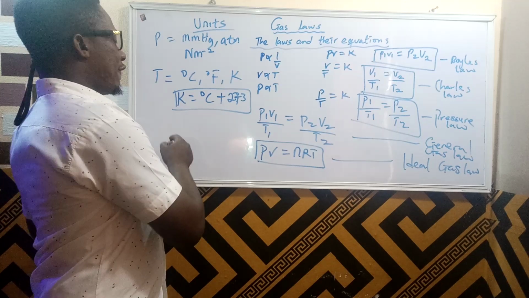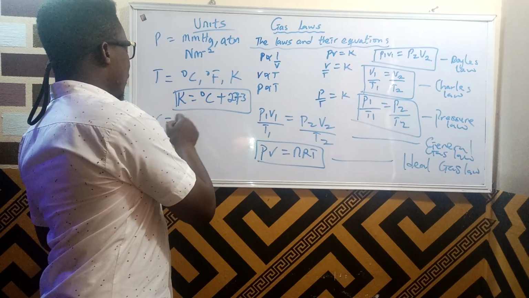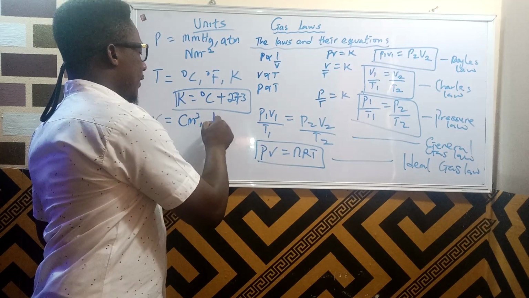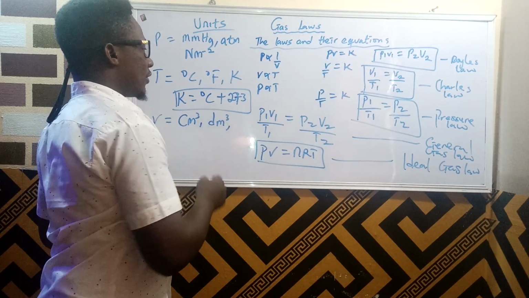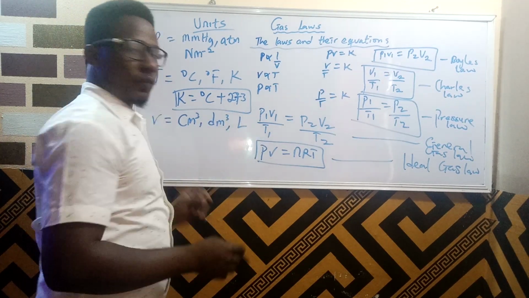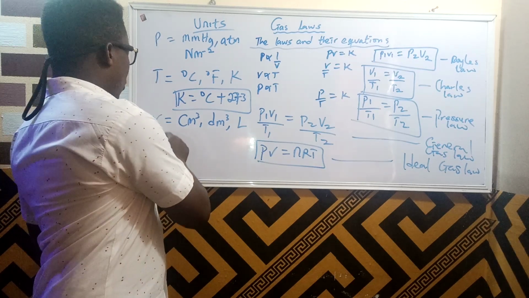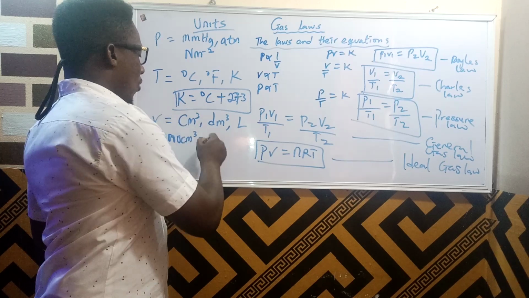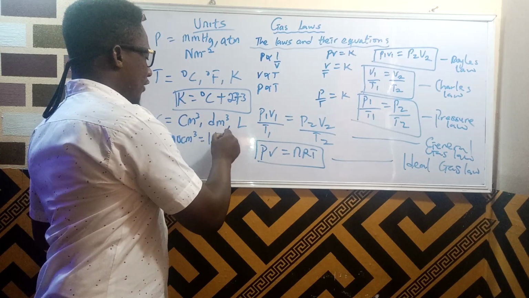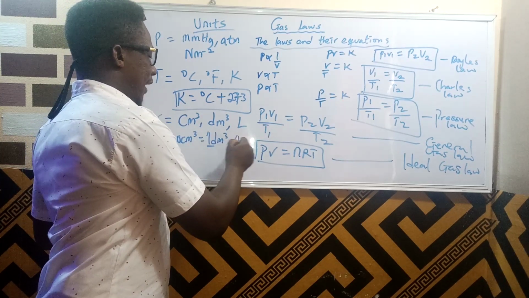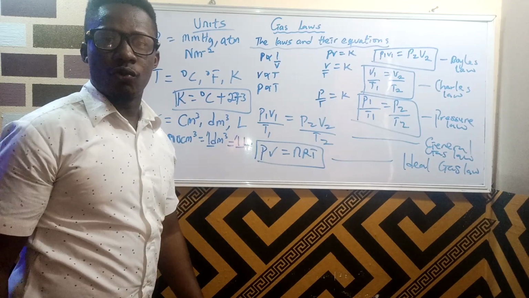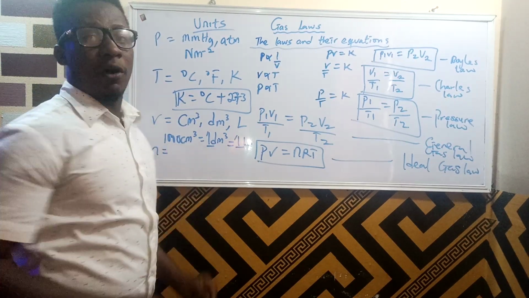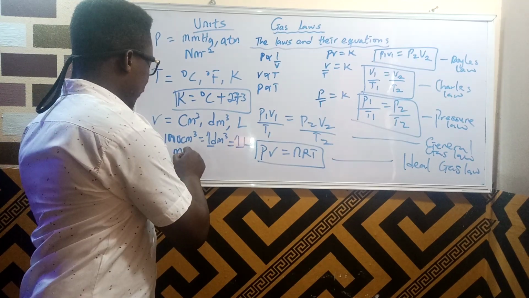Now for volume, the common one is centimeter cube. You can have dm cube, and then you can have liter. 1000 centimeter cube is equal to 1 dm cube, which is also equal to 1 liter. Of course, n, which is the amount of substance, is in mole.